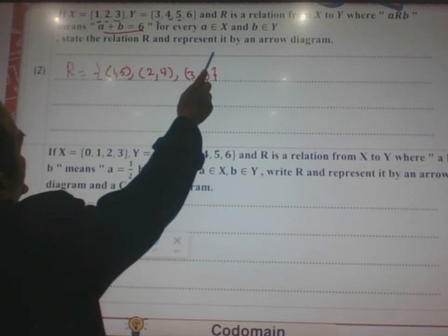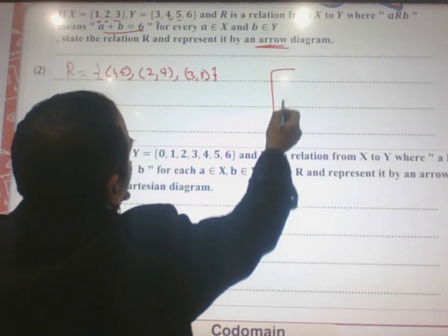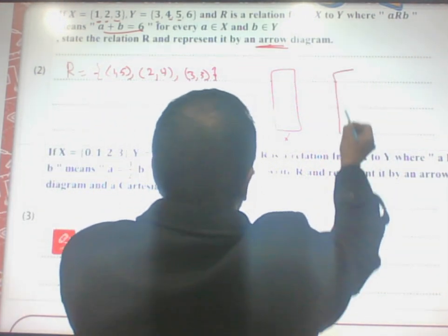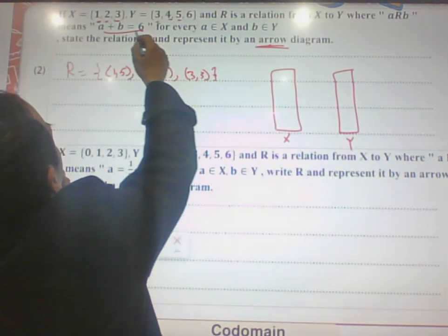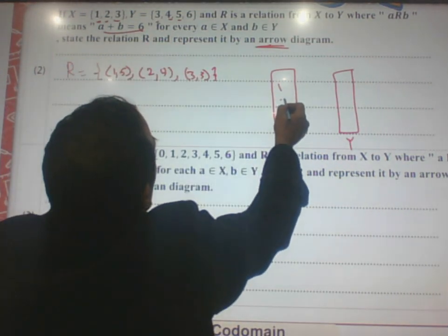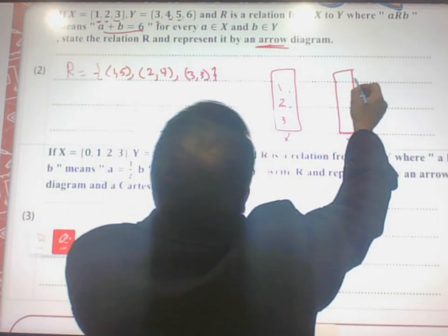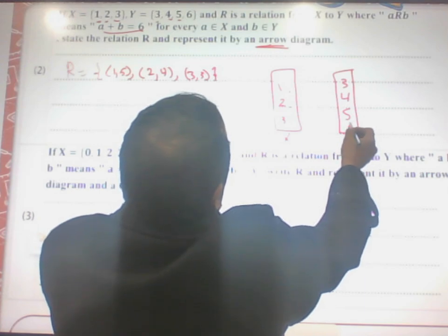State relation R represented on an arrow diagram. We can represent this like first set X and second set Y, like this. X and Y. Right here are the elements of set X equal 1, 2, 3, and the elements in Y: 3, 4, 5, and 6.